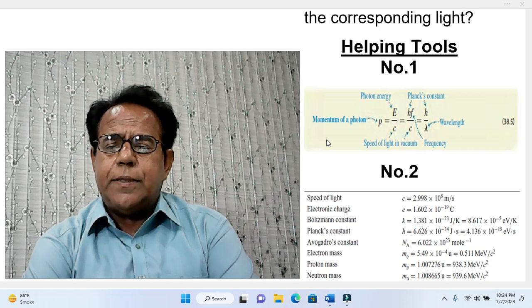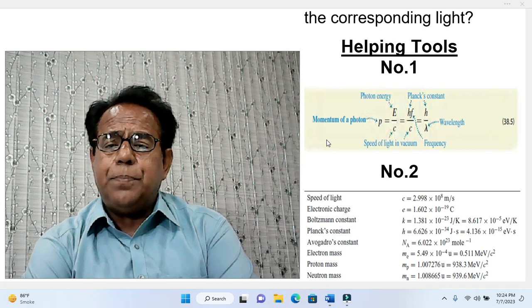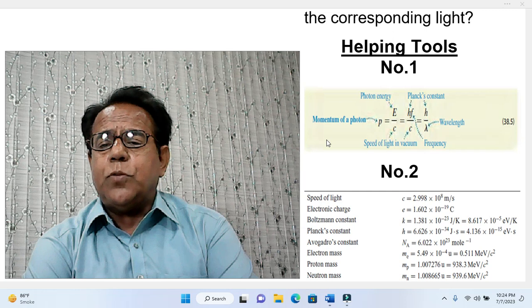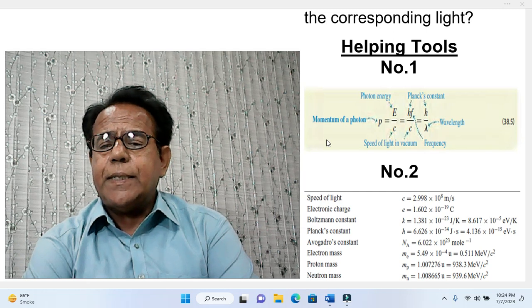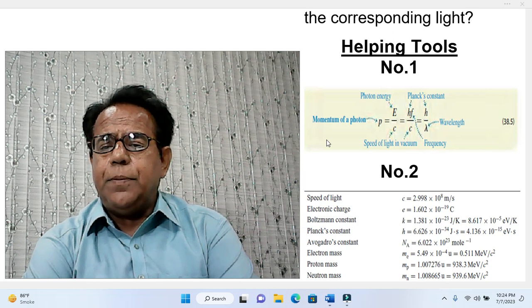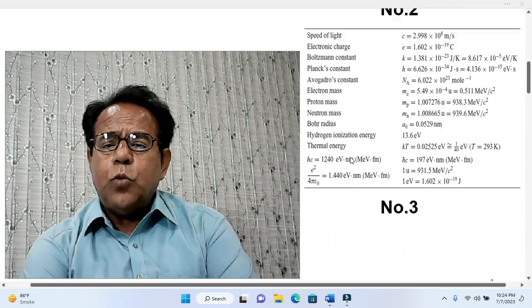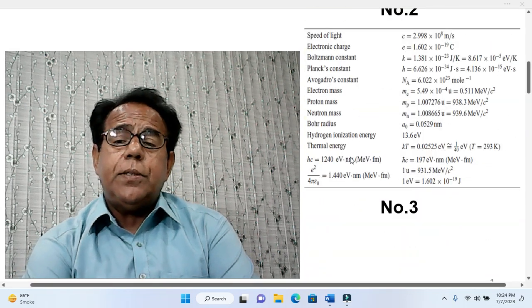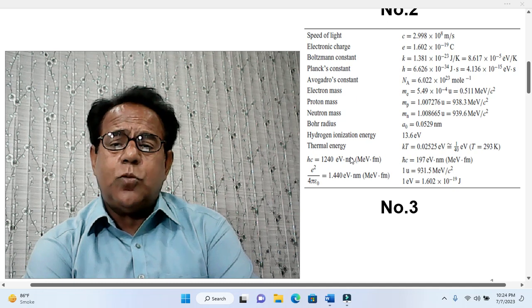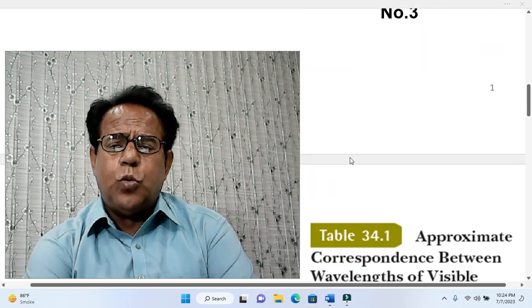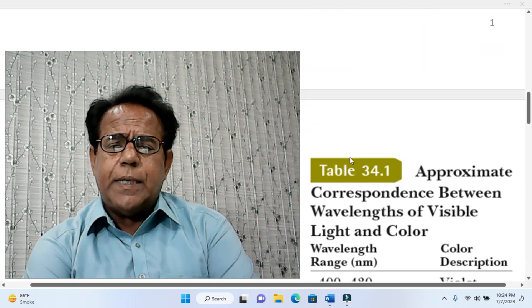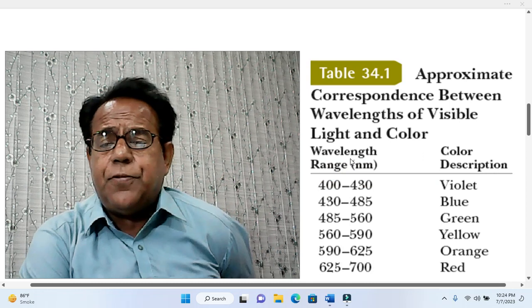This alternatively becomes equal to h divided by lambda, where lambda is the wavelength. Tool number 2 has been discussed so many times, so it is omitted from further explanation.